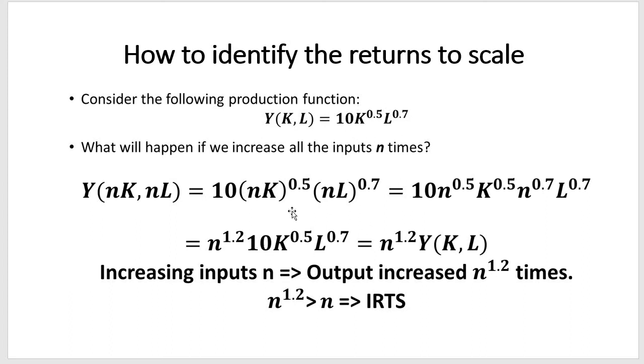So you can easily replace this expression with Y of K and L, and it tells you that increasing inputs n times resulted in increasing the level of output by n to the power 1.2 times. So here, since n to the power 1.2 is definitely bigger than n, we deal with increasing returns to scale.